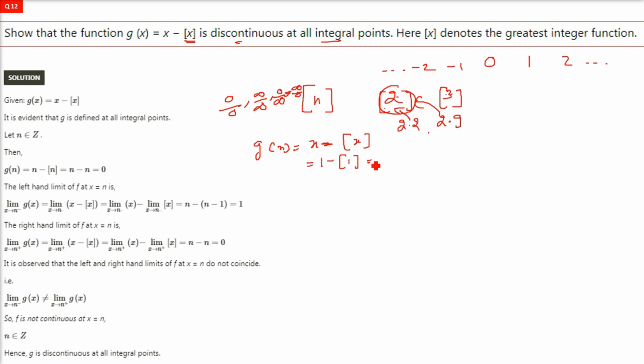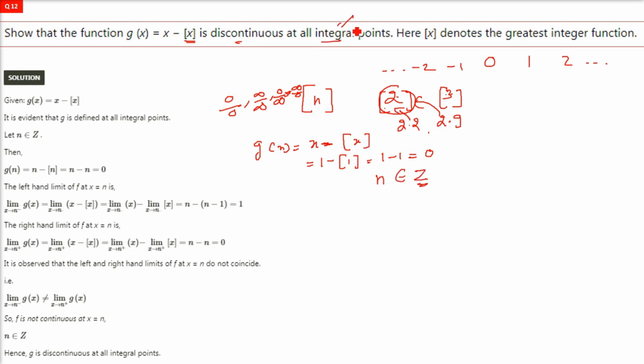That means it is defined. So if you take 1 minus the greatest integer function, GIF of 1 is 1 only. So 1 minus 1 is 0. Okay. Now the value of the function at some n we have already found out: it is 0.